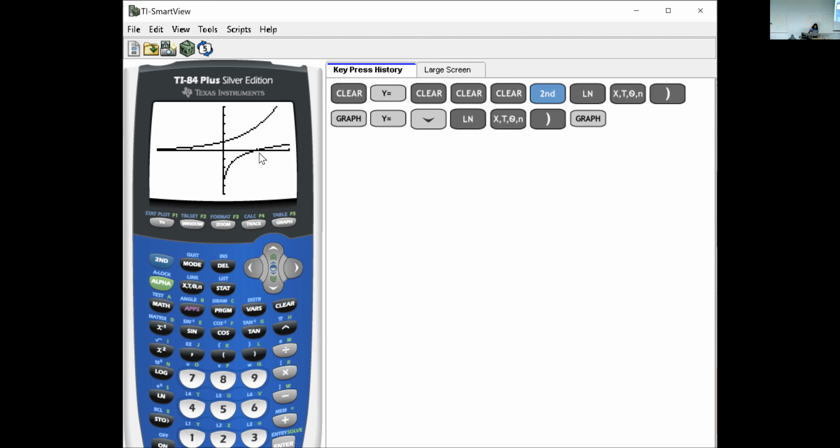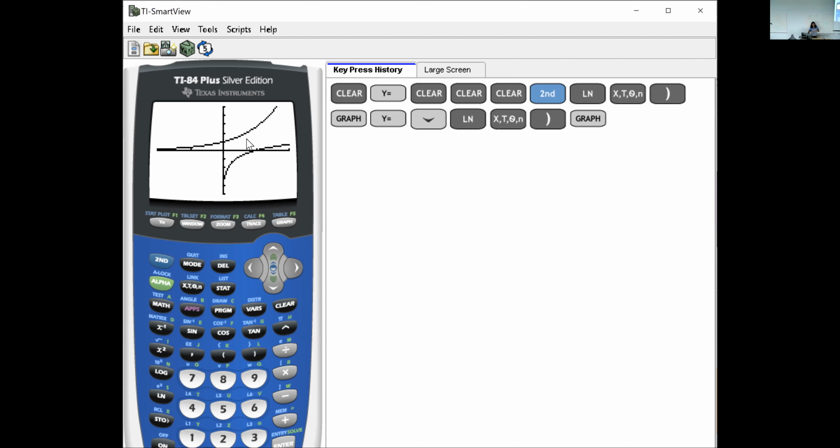What is the value when x is 0? 1. It doesn't keep going, it goes toward negative infinity along the axis.